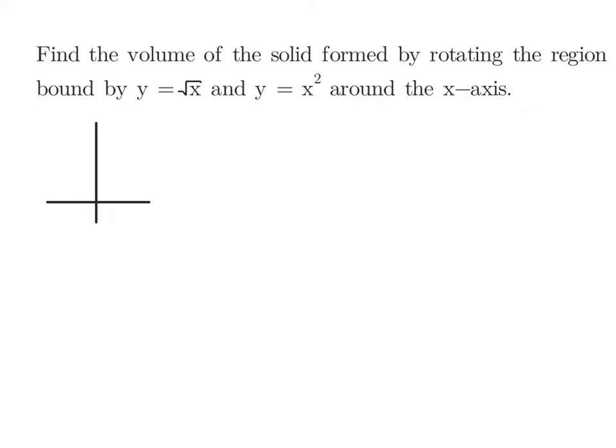So let's find the volume of the solid formed by rotating the region bound by y equals square root of x and y equals x squared around the x-axis. Of course, the first thing we should do is graph it. Well, when I graph y equals square root of x, we get this sideways parabola.